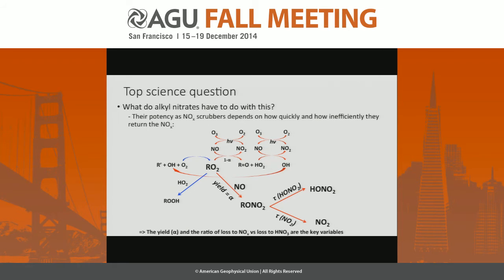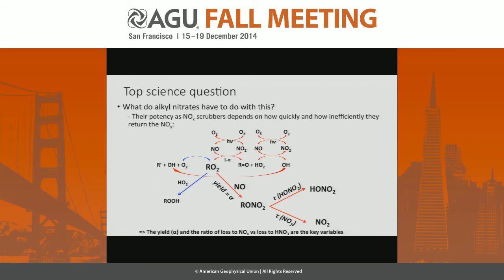Now if we think about this, what matters is the yield, that is to say, how efficient are we at converting to these nitrates, and what time constant do they go on to form NO2 or nitric acid. And that will then determine the potency of a given R molecule towards forming ozone. If we efficiently go down the path to nitric acid, then essentially the chemistry will suck the NOx out of the atmosphere, and the response will be minimal.